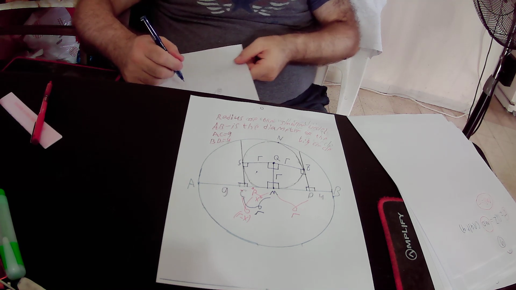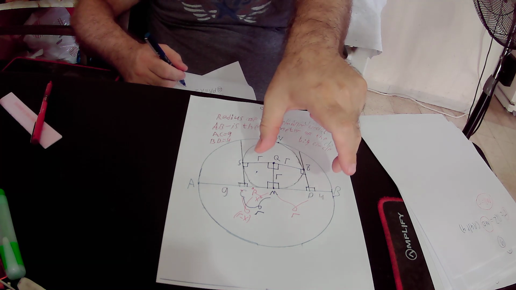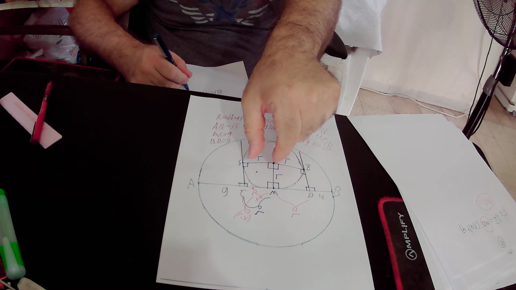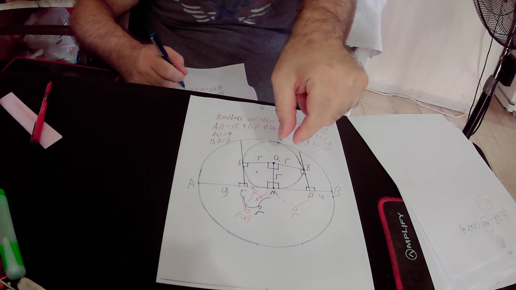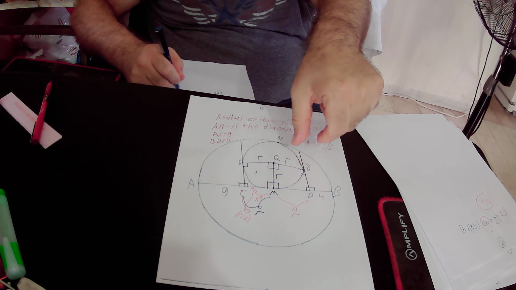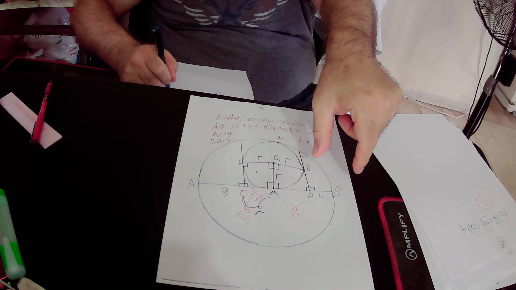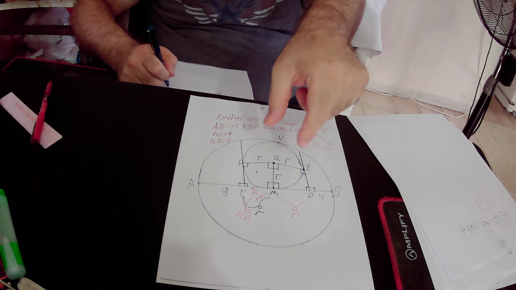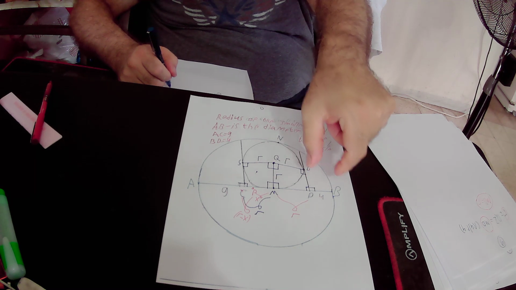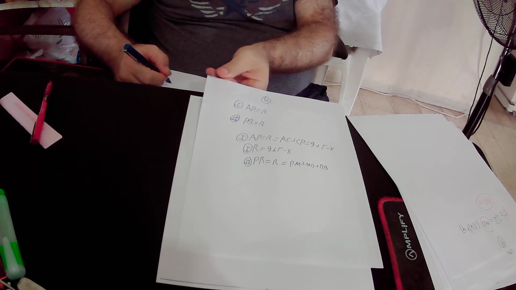But what is the size of PB? PB equals PM plus MD plus DB. Again, PB equals PM plus MD plus DB. From the drawing, we can see that.